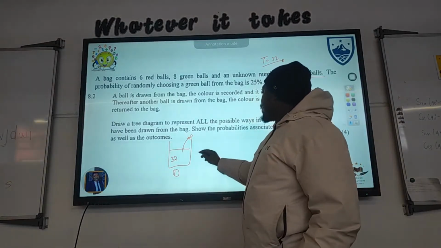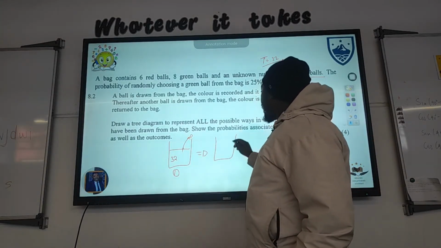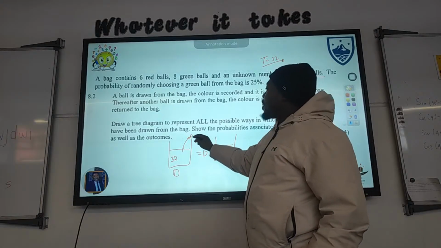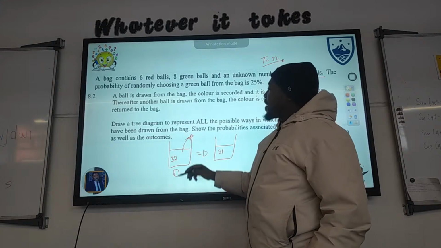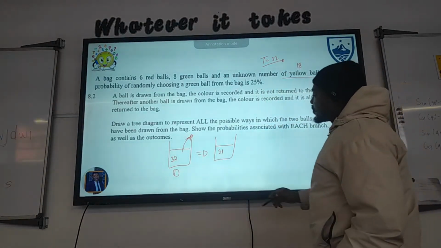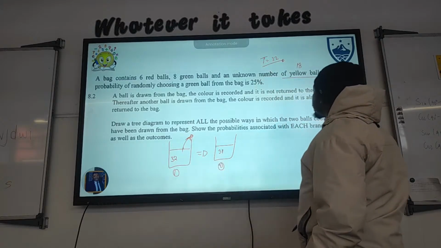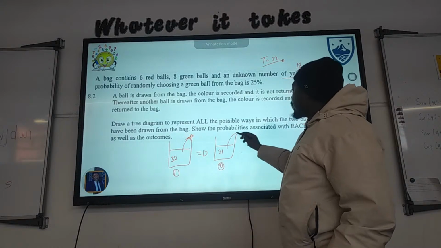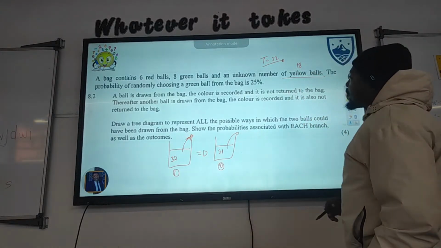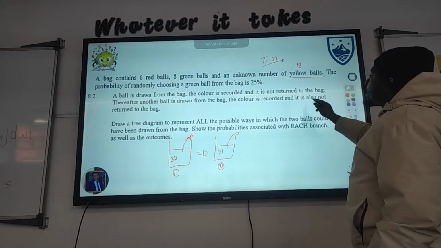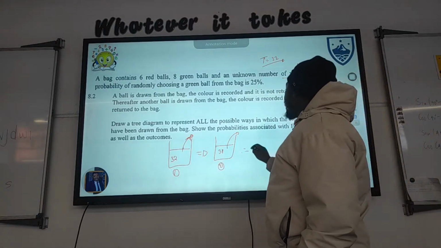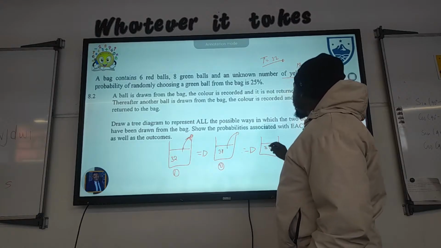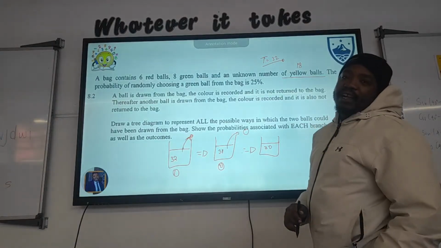So it means that you will now have a total number of 31 balls. Thereafter, another ball is drawn from the bag, and the color is recorded, and it is also not returned. So now we're going to have 30 balls because we have withdrawn a second ball.